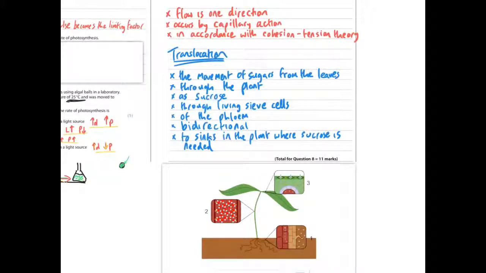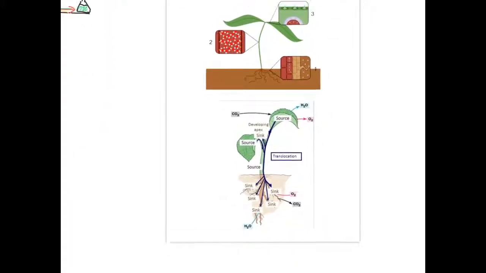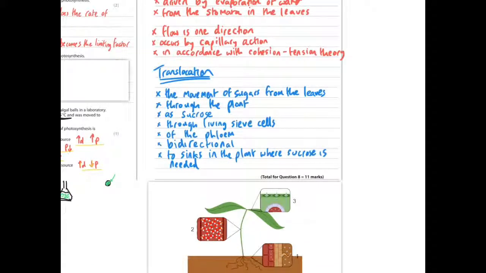So if you look at the structure of a phloem, I don't know if I've got one here, the phloem looks a bit like this. Unlike a xylem, which is just basically hollow tubes of dead cells, the phloem has these kind of sieve plates like this. I'm not drawing this very well, it should be like that. So basically you get sugars moving slowly through these sieve plates.